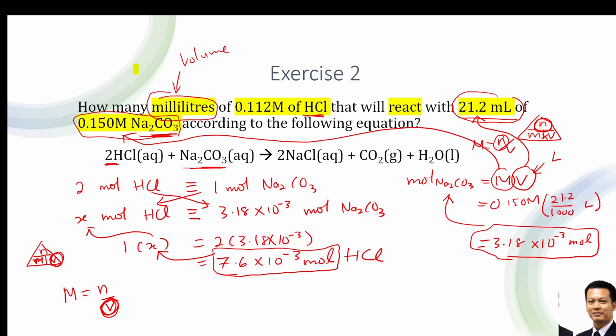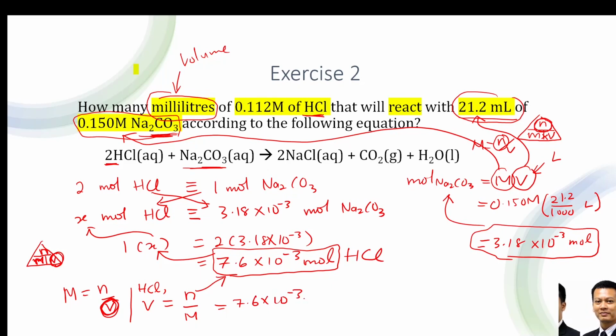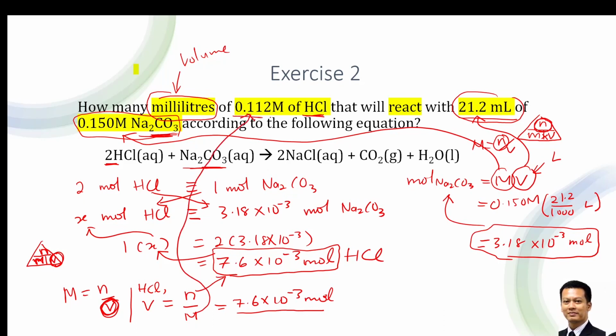So V equals N over M. And this one is for HCl. For HCl, the number of mole is 7.6 exponent -3 mole over molarity. Molarity is given already.